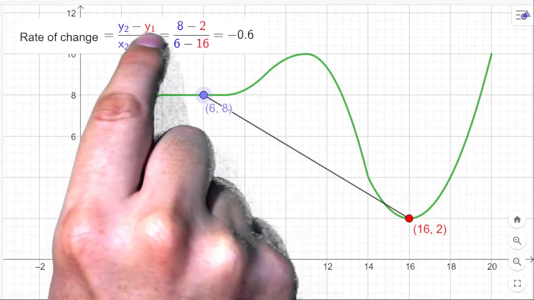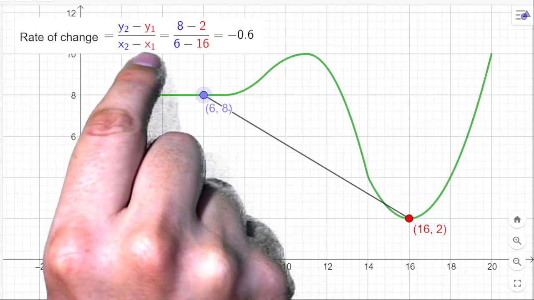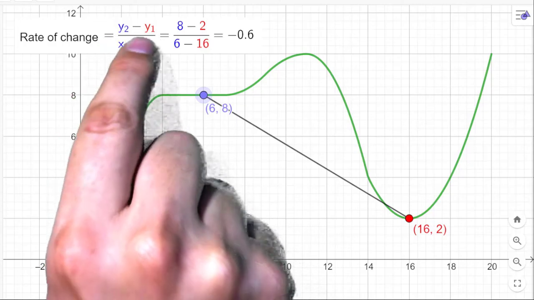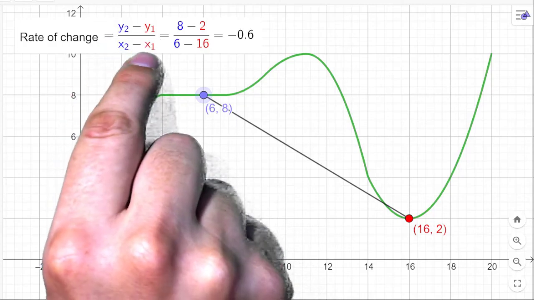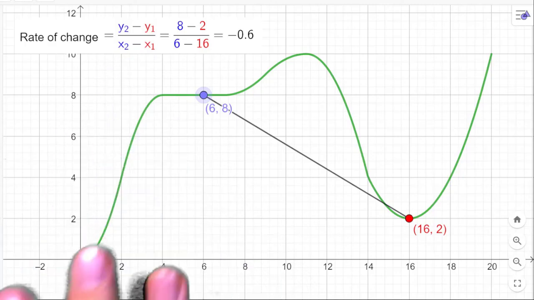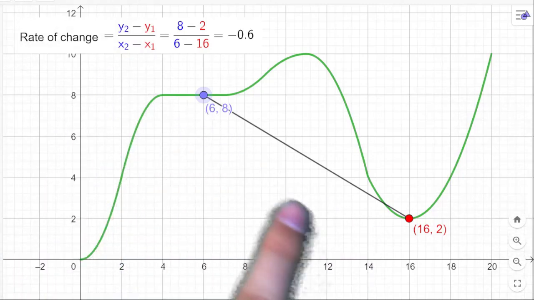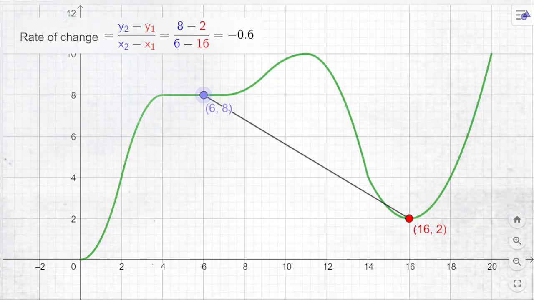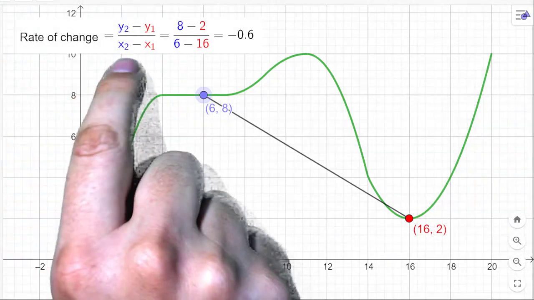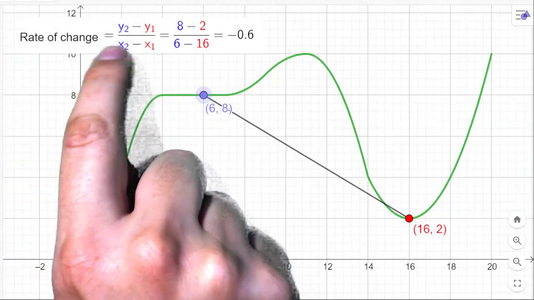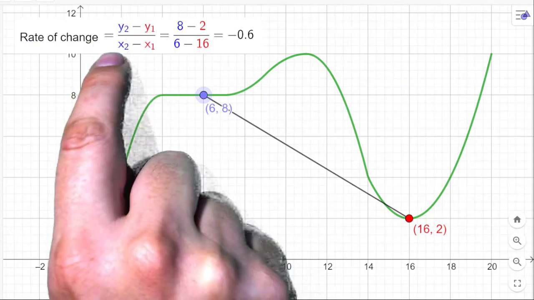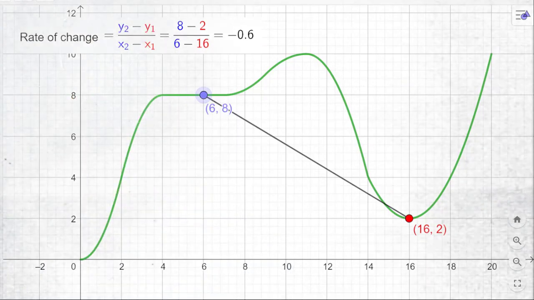If I do 2 minus 1 in the numerator, I have to do 2 minus 1 in the denominator. If I do 1 minus 2 in the numerator, I have to do 1 minus 2 in the denominator. As long as I'm consistent, I'll get the right value. It doesn't matter which point you choose to be point 1 and which point you choose to be point 2. But we do need to be consistent. Whatever order you did it in the numerator, use that same order in the denominator.